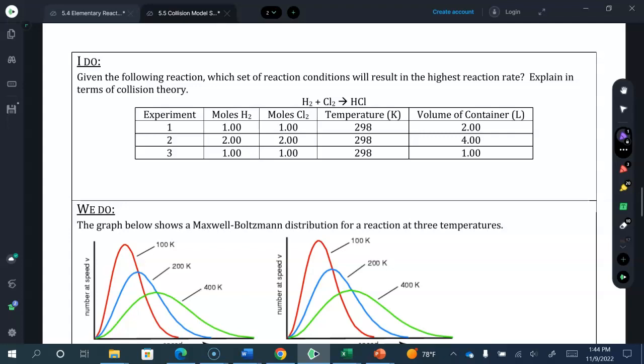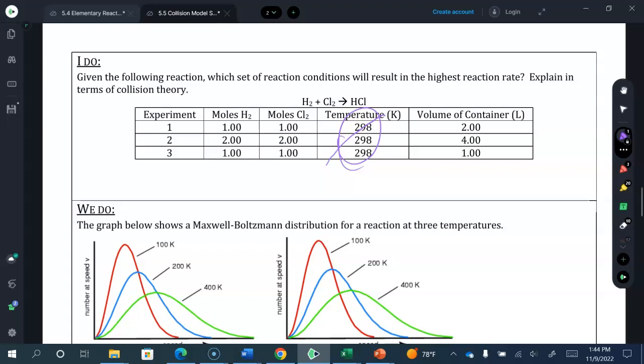Well, looking at the data, we don't have an orientation aspect. So that third one that we talked about is not going to factor in here. Also, the temperature is the same for all of them, so temperature isn't going to. So we need to look at which one is going to result in the most collisions.